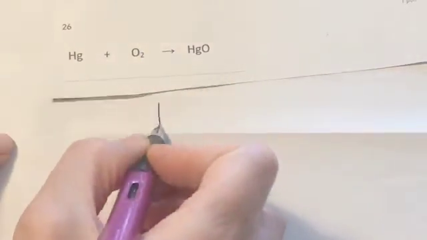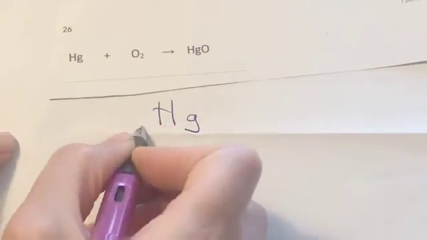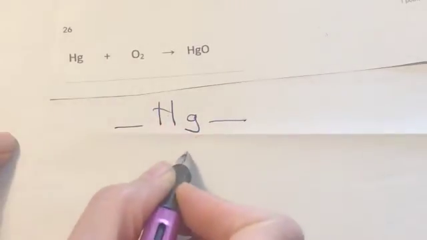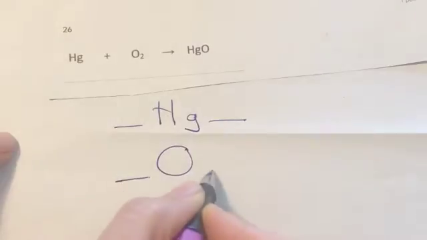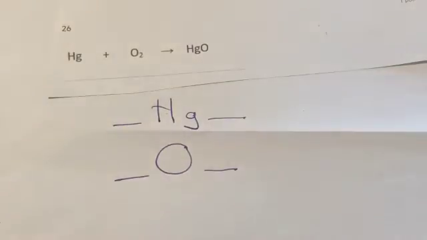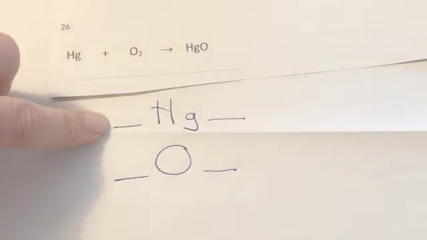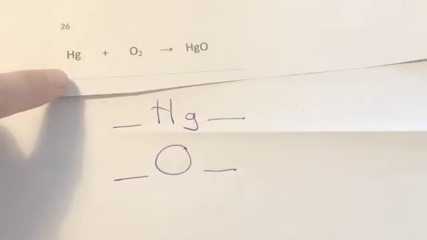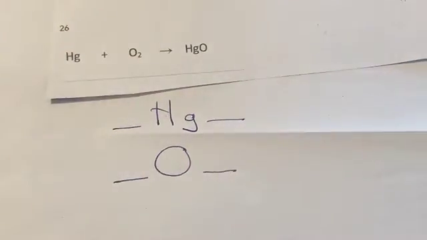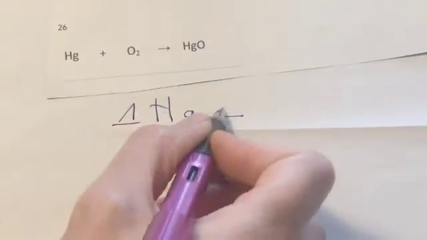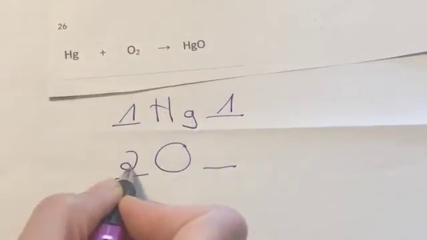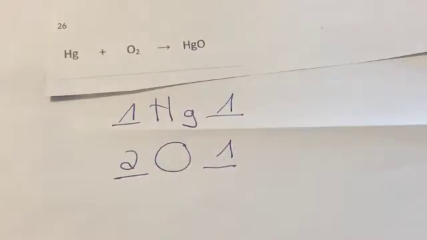I'm going to have mercury, and then oxygen, on each side, remembering that each side represents how many we start out with in this unbalanced equation. So for mercury we've got 1 and 1, and for oxygen we've got 2 on one side and 1 on the other. So you can already see we're not balanced. We're balanced with the mercury, but not with the oxygen.